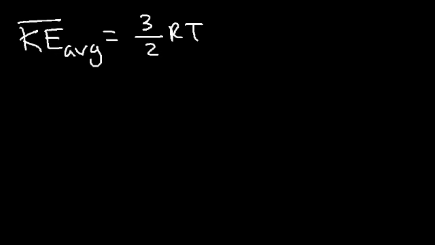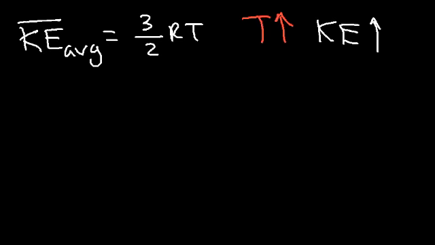The average kinetic energy of a gas, the average of billions of molecules, is proportional not to the mass or the velocity or the pressure or anything like that. It's only proportional to the temperature. So if the temperature of a gas is constant, the average kinetic energy of a gas will not change. So if you increase the temperature, the average kinetic energy of the gas will increase.